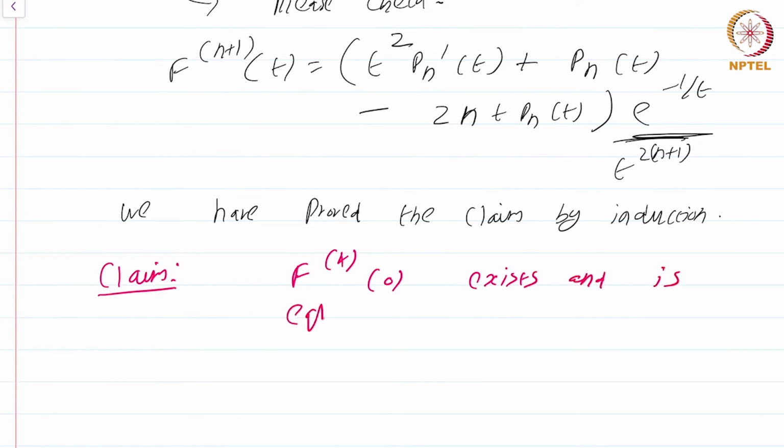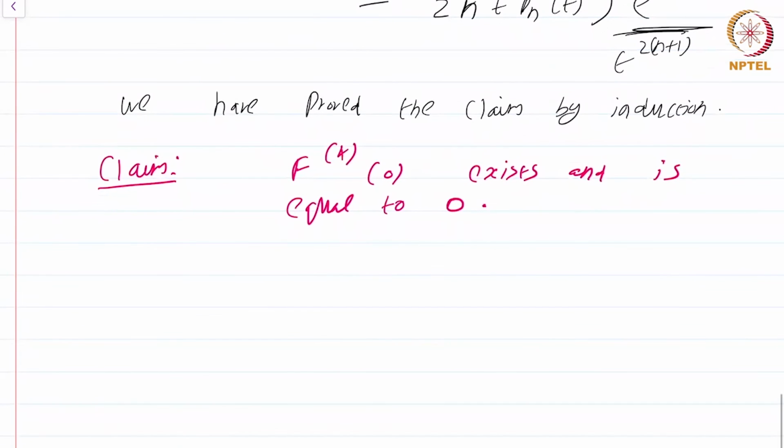Obviously if fk of 0 exists, it's got to be equal to 0, because the left hand derivative is going to be 0, as that function is identically 0 when t is less than 0. So what we have to do is to show that when you take the derivative from the right, you still get 0 for this to work.